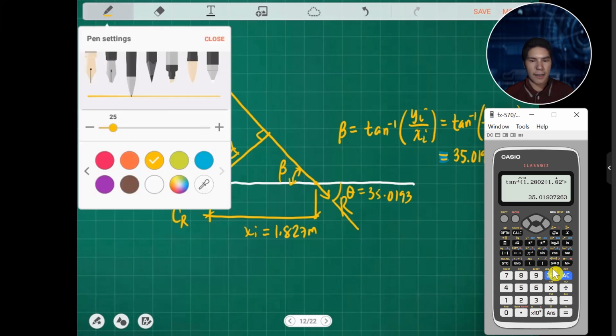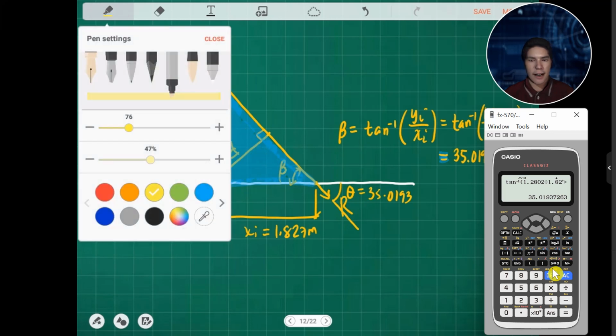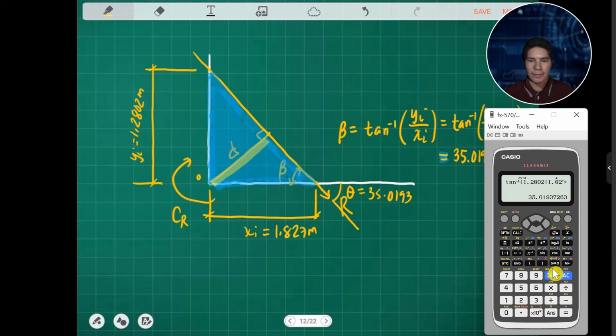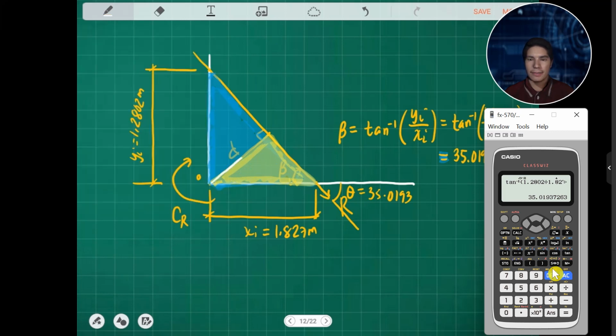So ibig sabihin, we're considering this triangle. So if you want to compute for the perpendicular distance D, pwede natin i-consider yung triangle na to. So considering the triangle, dito yung 90 degrees. Yan yung 90 degrees natin. And then ito yung beta.